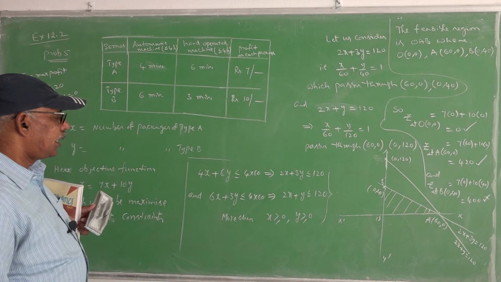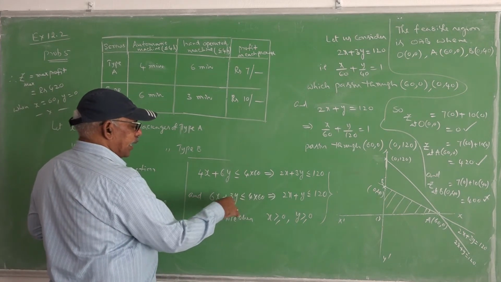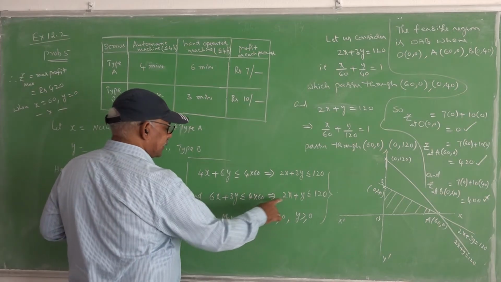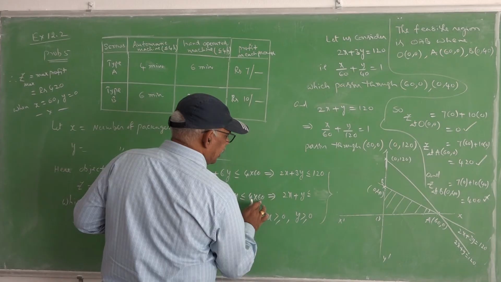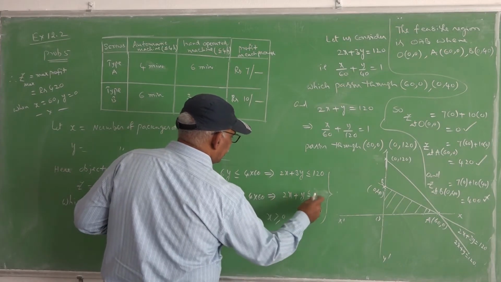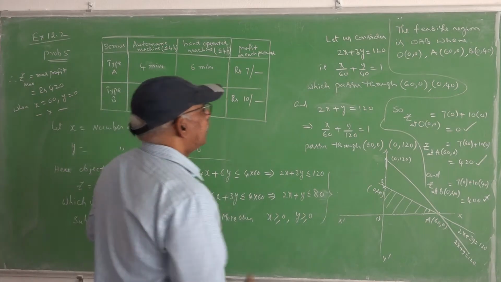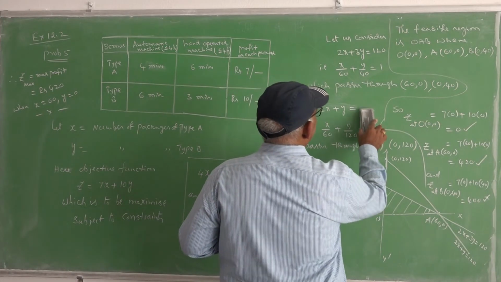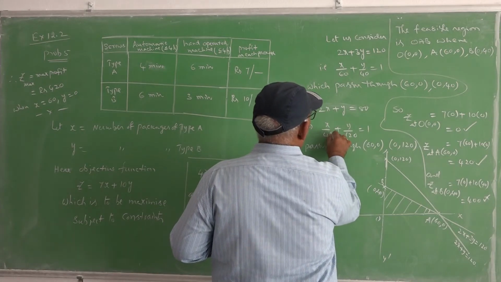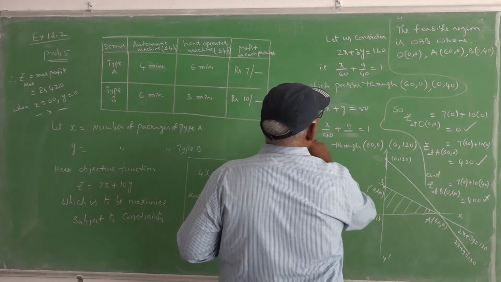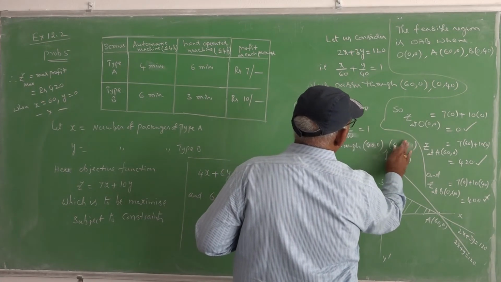Here a little mistake arises. Once you cancel 3, we get 2x plus y is less than or equal to 3 into 26. So hence it is 80. This is 80, not 120. So let us take this one as 80. So this is 40 and this one is 80. Okay.